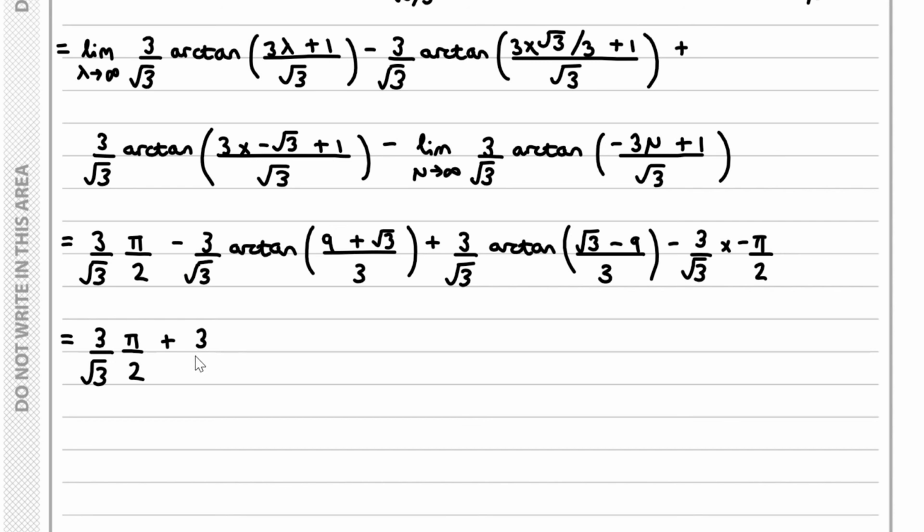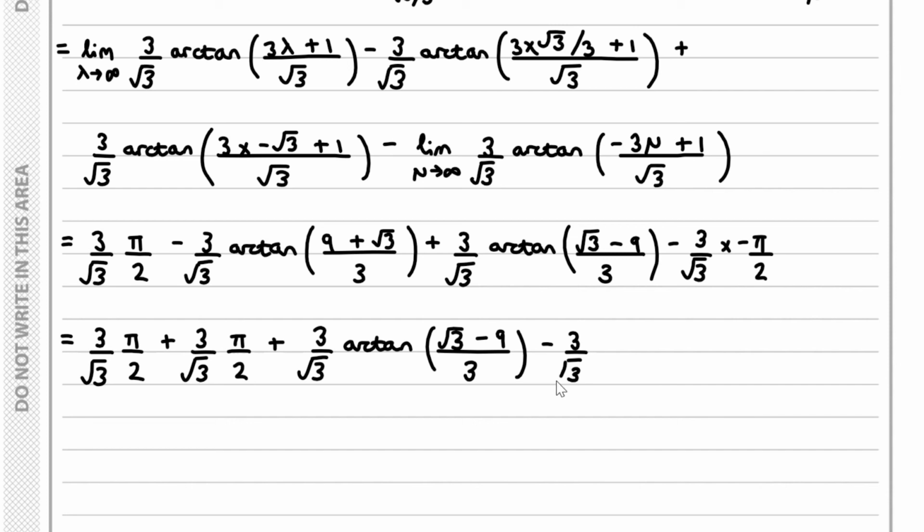So we add on 3 over root 3 times pi over 2, and then we add on 3 over root 3 times the arctangent of root 3 minus 9 over 3 minus 3 over root 3 lots of the arctangent of 9 plus root 3 over 3.